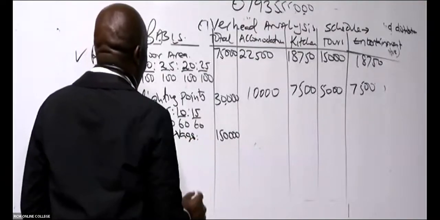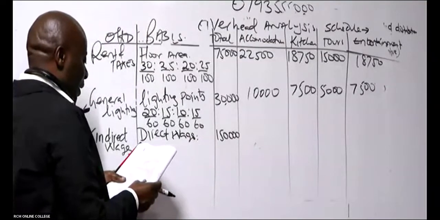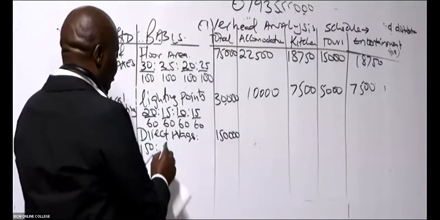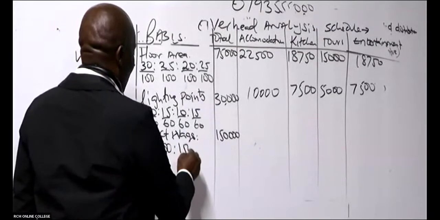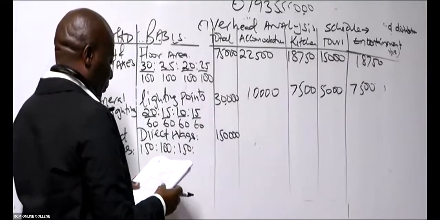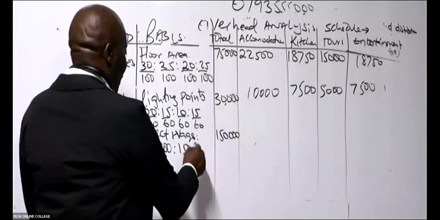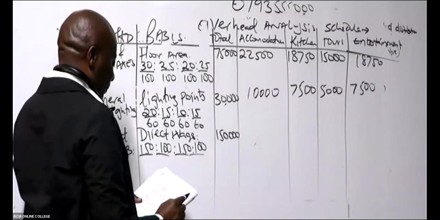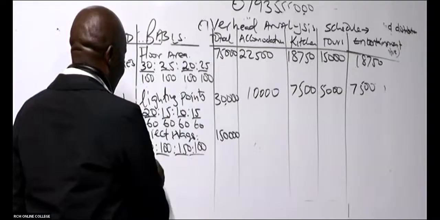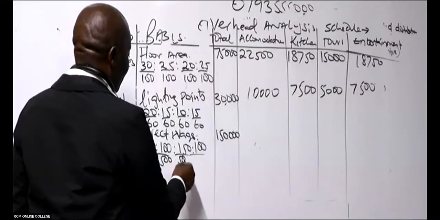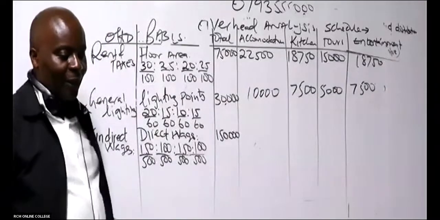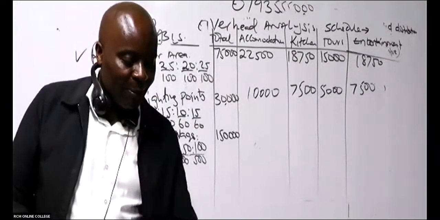So these direct wages, what do we have there? 150, 100, 152, 100. So we divide by 500. So please apportion.